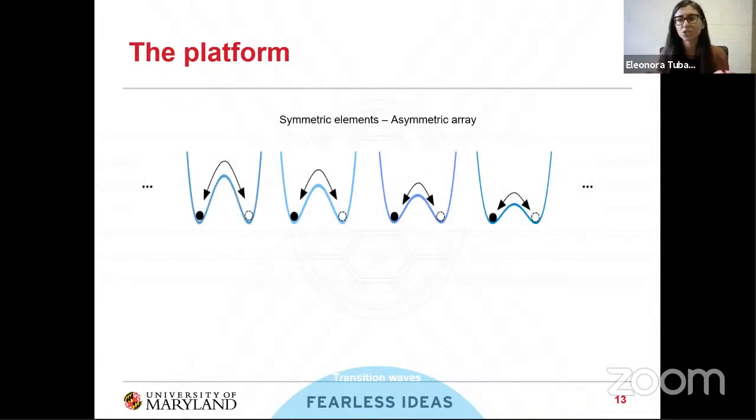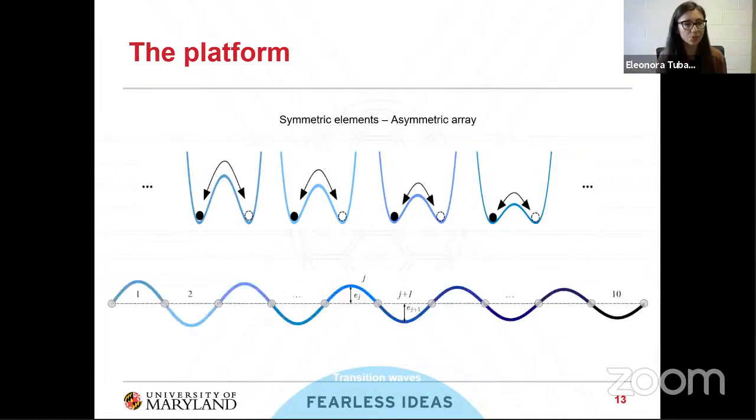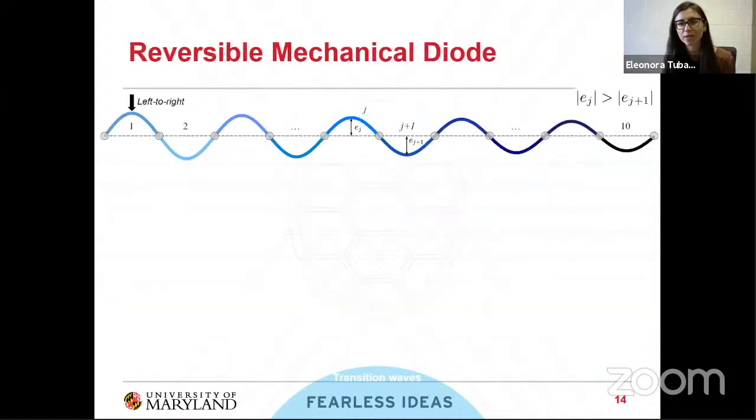As you notice, each element has symmetric energy wells, but if you look at the energy barrier, the jump that we need to do in order to go to the new stable configuration is graded. So it's gradually decreasing in the chain. This means that we're putting one arch after the other with a lower rise. In this way, the energy required for the snapping is going to be less, one element after the other. So in this way, what we can create is a reversible mechanical diode.